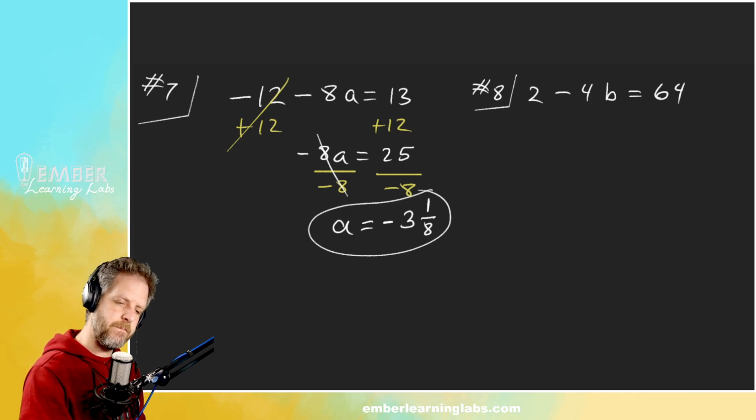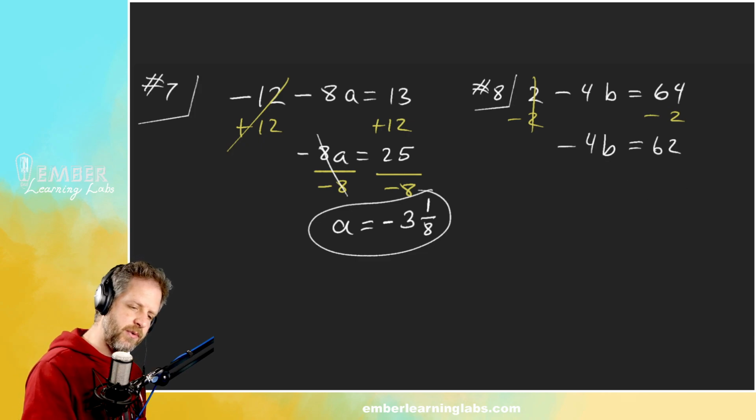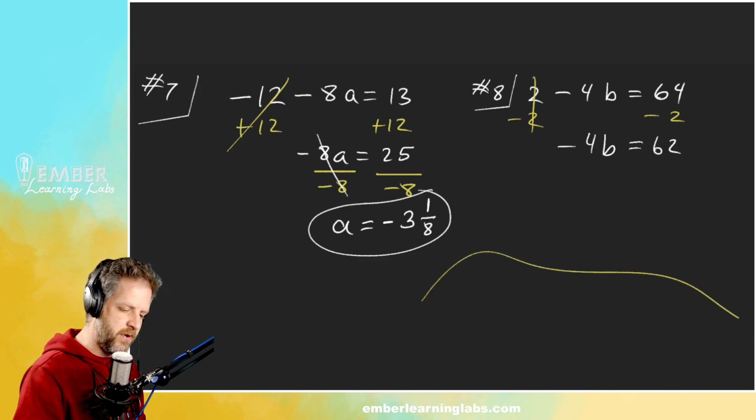Right? And then over here, we would have subtracted 2 and gotten negative 4B equals 62. And we may not have 4s memorized all the way that high, so we probably would have wanted scratch paper, I hope.